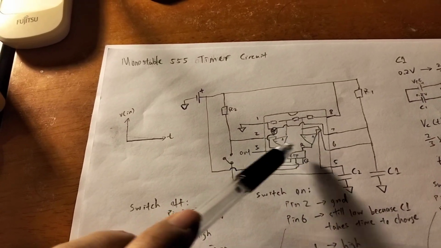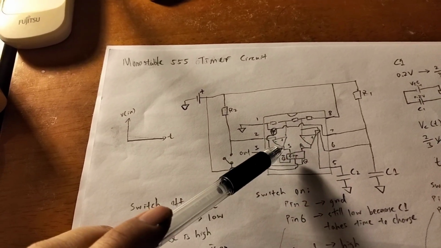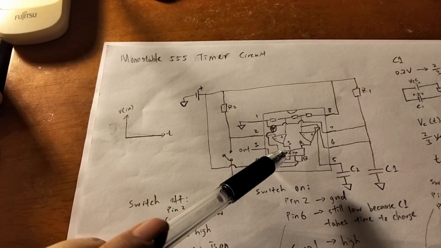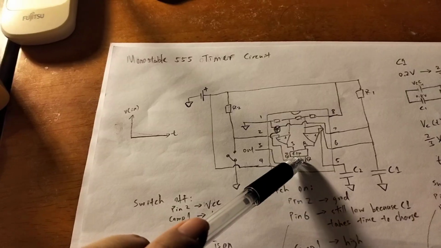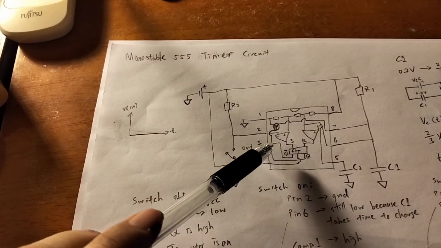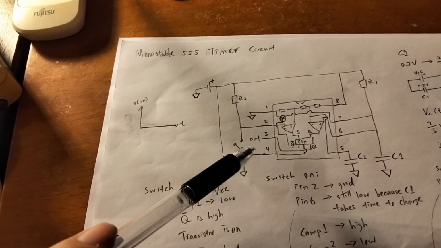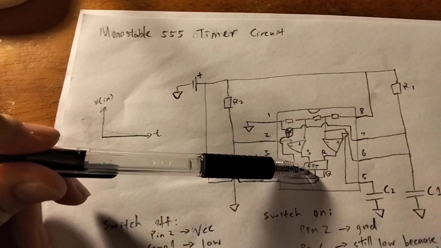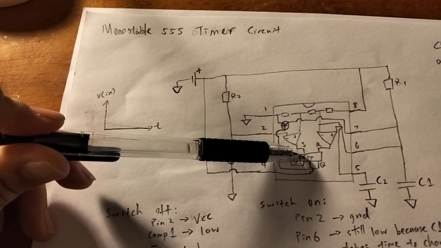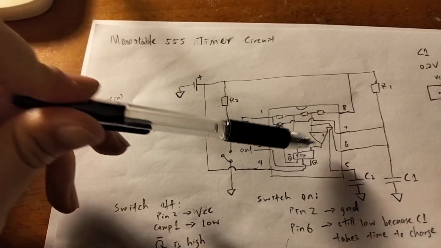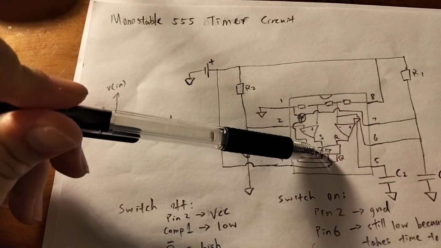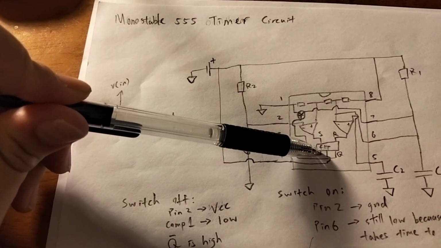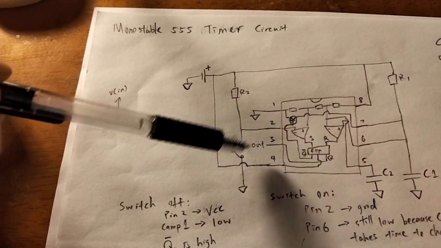And when both comparators output high, the set and reset pins of this flip-flop are both high. The flip-flop is actually going to prioritize the high state. So you can design a flip-flop to prioritize one state or the other. When both the set and reset pins are high, this flip-flop is designed to stay in the high state.